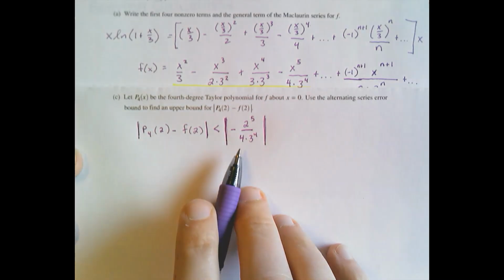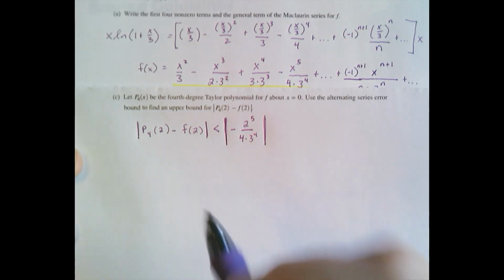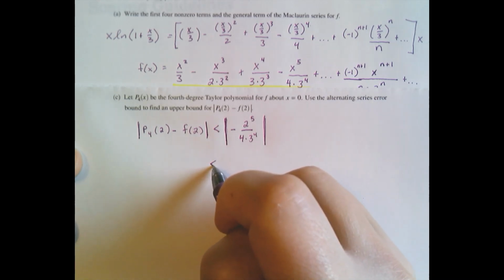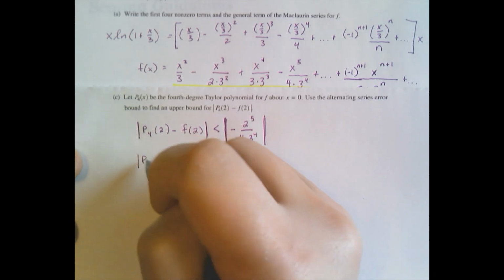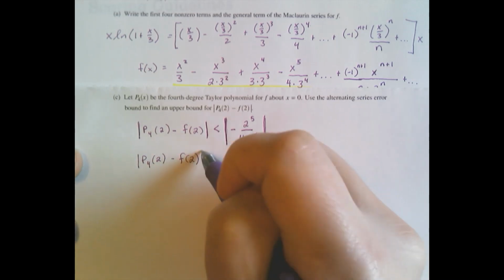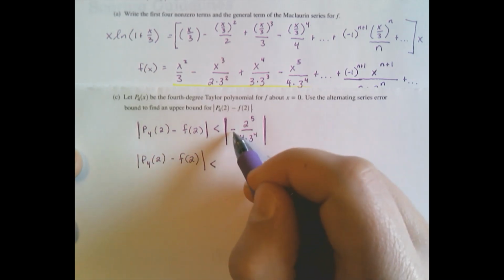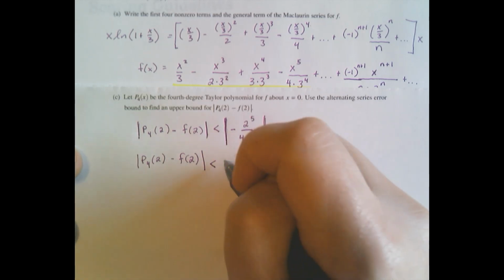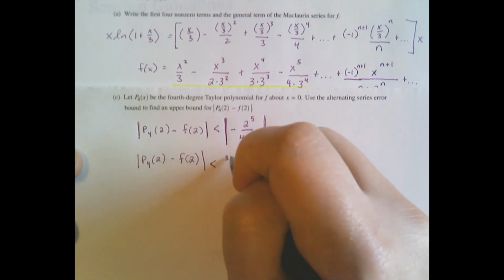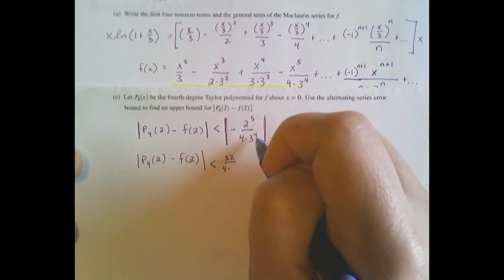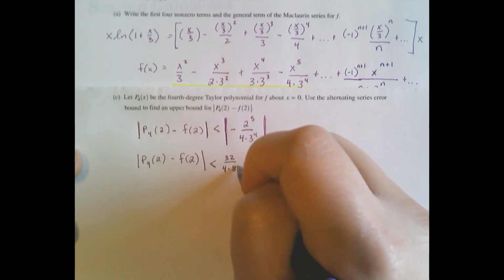And then we need to evaluate this expression. Negative disappears with the absolute value. 2 to the 5th is 32 over 4 times 81.